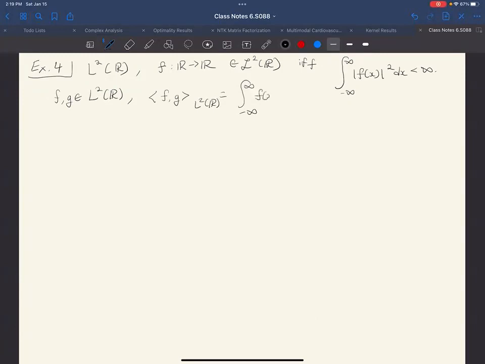Here we're going to have f of x g of x dx. And so you can check that this actually satisfies all the necessary properties of an inner product from before.